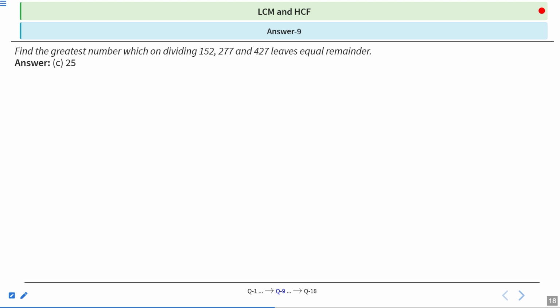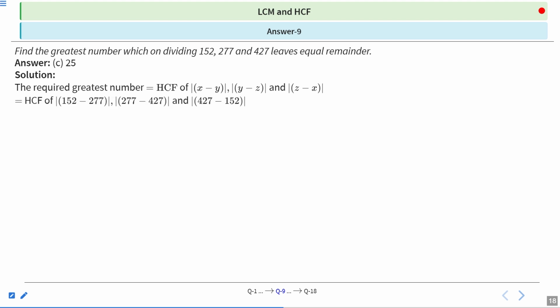The correct answer is option C 25. Now let's have a look at the solution of this question. The required greatest number should be the HCF of the differences of these numbers, taking two at a time. So HCF of x minus y, y minus z and z minus x should be the greatest number. So the HCF of 152 minus 277, that is the difference, then the difference of 277 and 427, and the difference of 427 and 152.